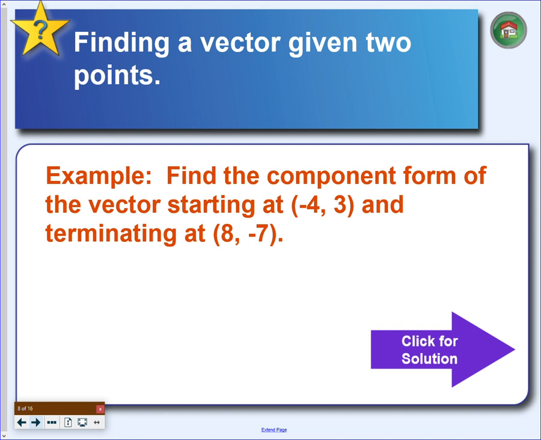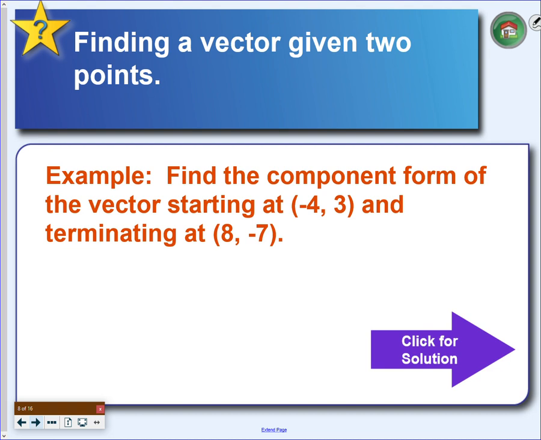So find me the pointy brackets form of a vector that starts at point -4, 3 and ends at point 8, -7. So take just a minute and do that. Which of those would be your initial point? Which ones are going to be your I? -4, 3.